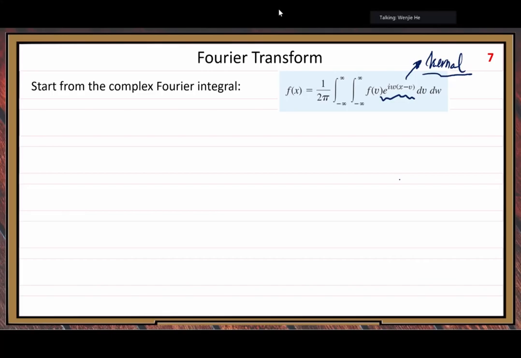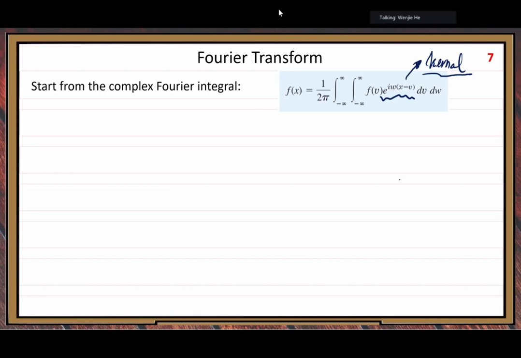Then we recover the original function. So your input is the f function, and if you do the operation in this special form, your output function is the same as the original function.